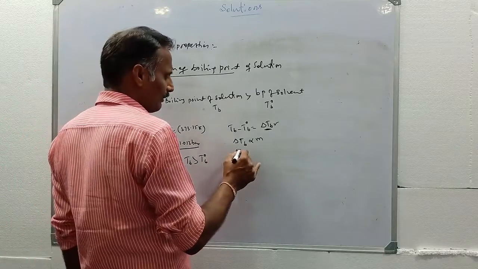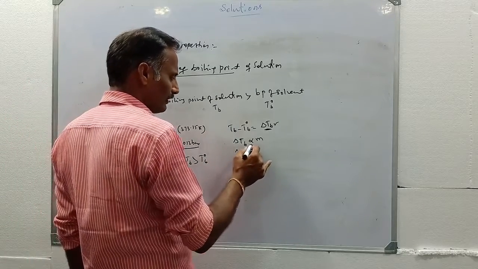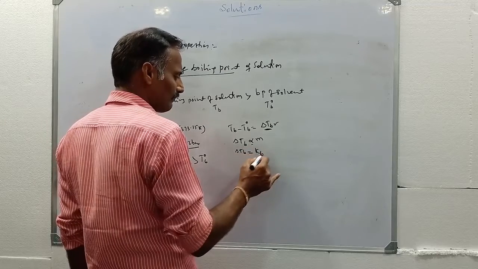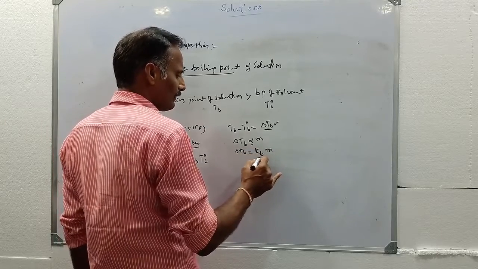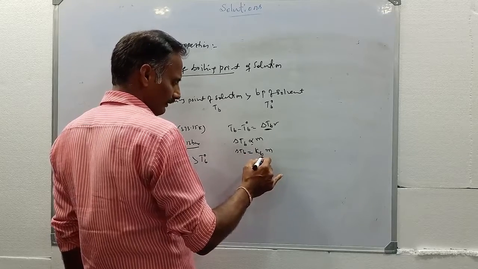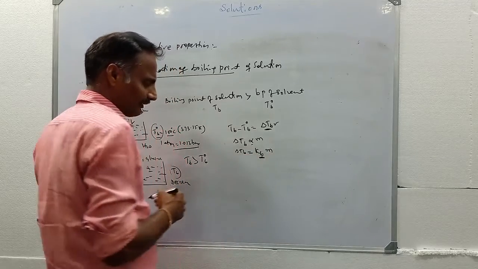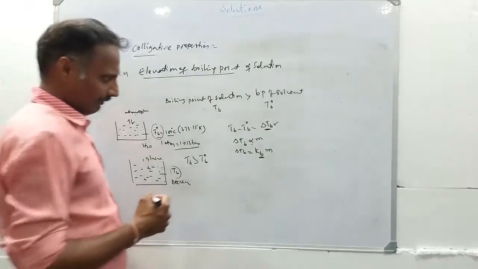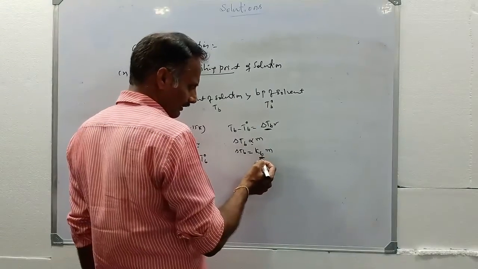Then delta TB is equal to, replacing the proportionality sign with a new constant called KB, into m, where KB is the boiling point elevation constant of the solution.